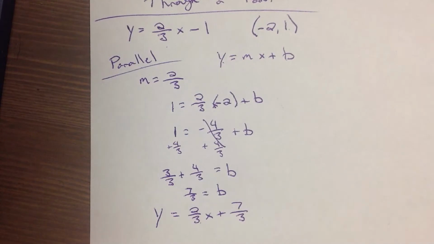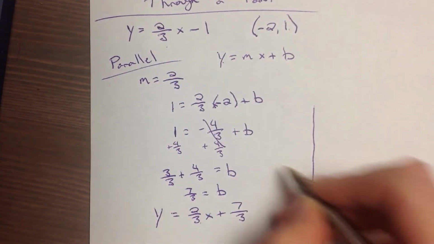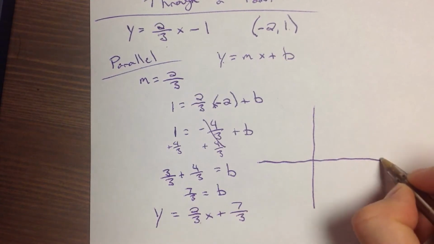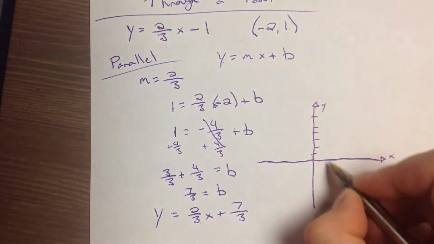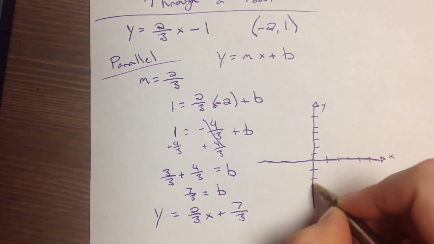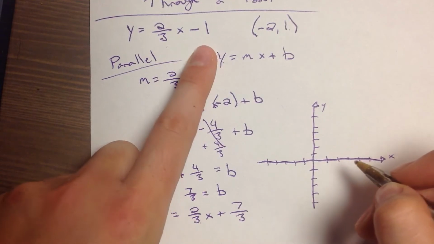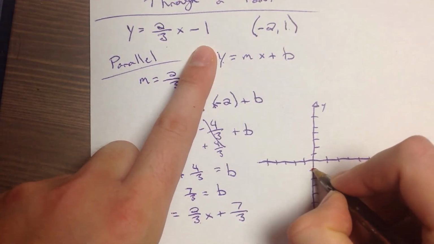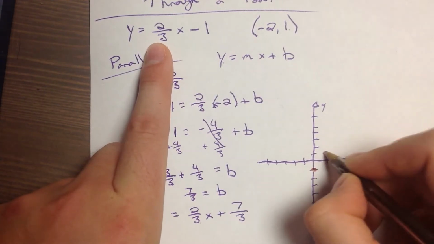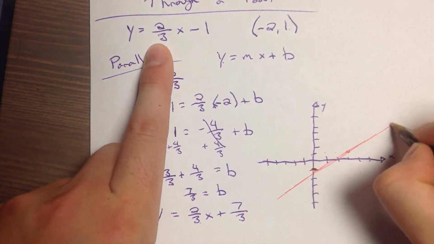If we were to look at these graphically, we would have a coordinate system. And graphing the first one, we would start at -1, go up 2/3, up 2/3, and put a line through it.